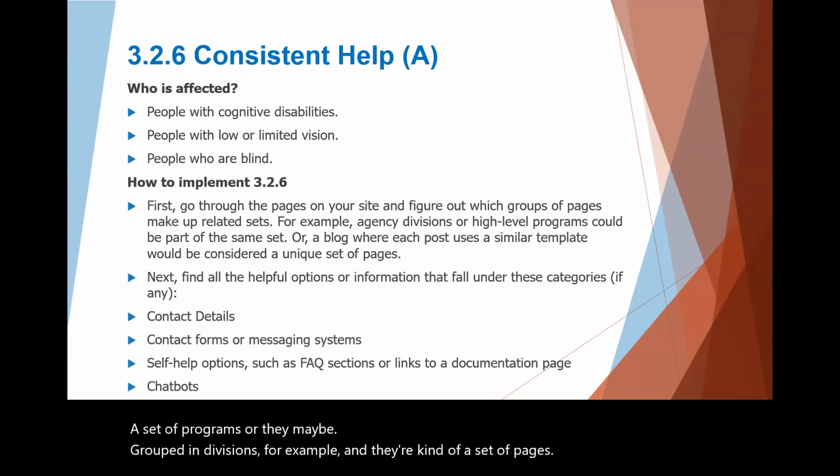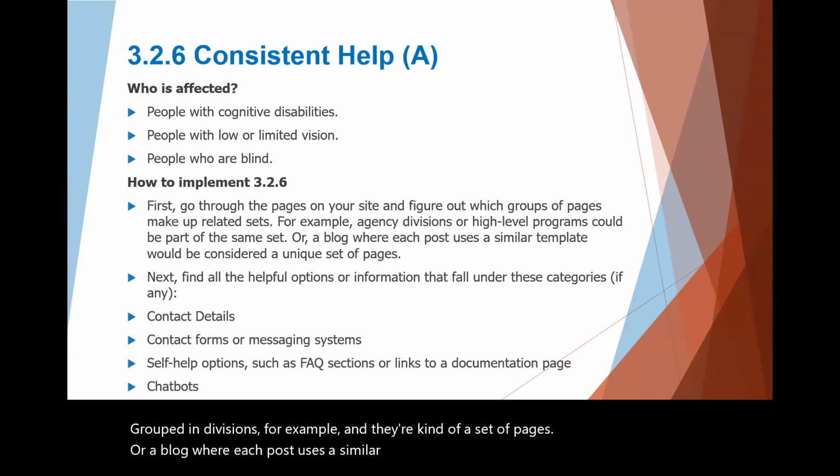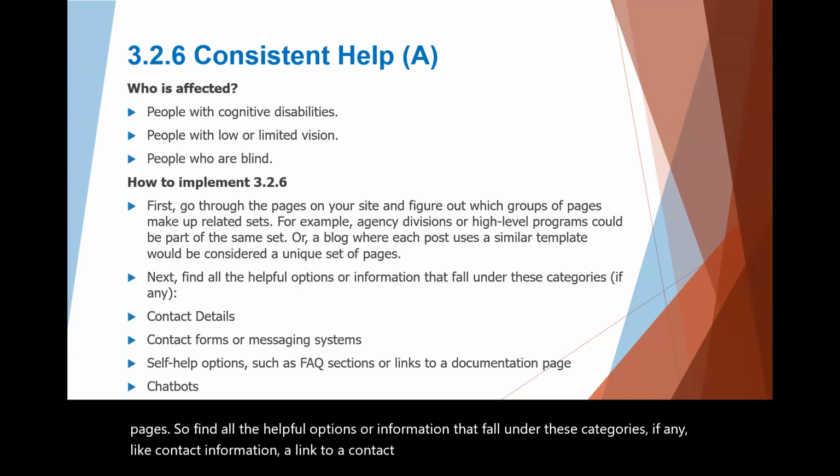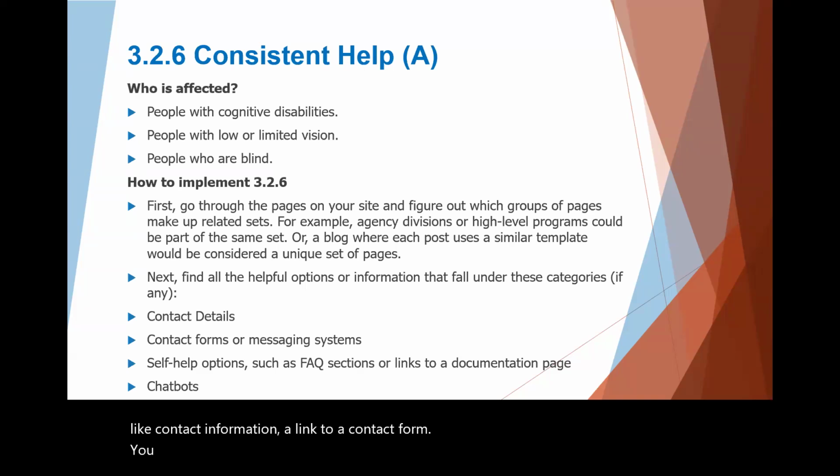Or a blog where each post uses a similar template would be considered a unique set of pages. So find all the helpful options or information that fall under these categories, if any, like contact information, a link to a contact form, where does a chat bot pop up on the screen? Is it consistently popping up in the same location on the page?